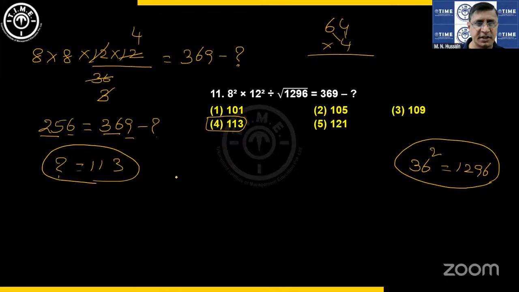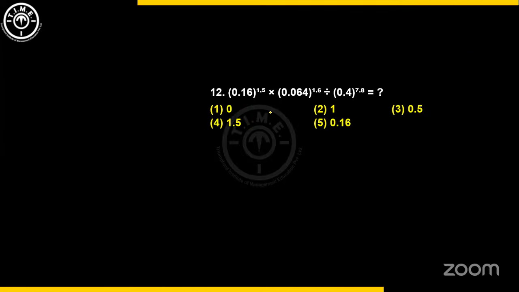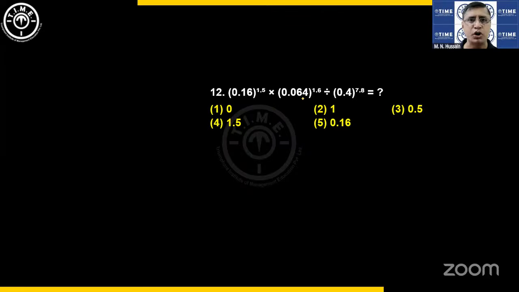Right. Next example on your screen. 0.16 whole power 1.5 into 0.064 whole power 1.6 divided by 0.4 whole power 7.8 is equal to question mark.